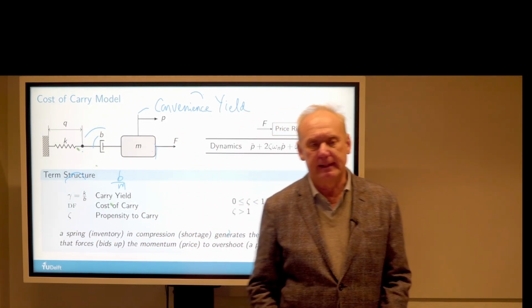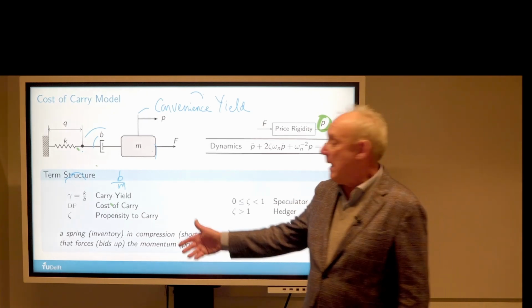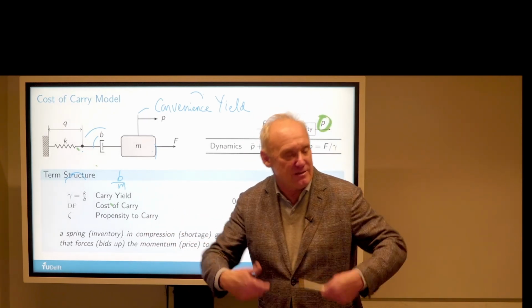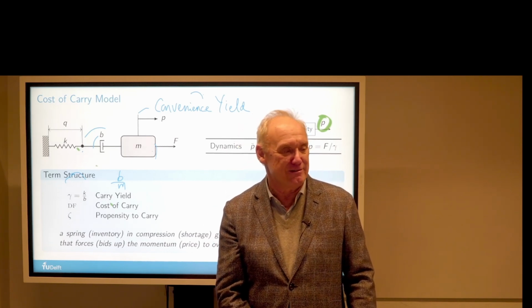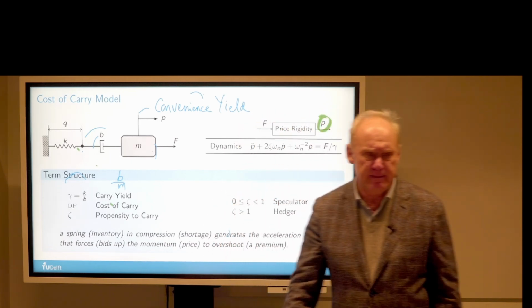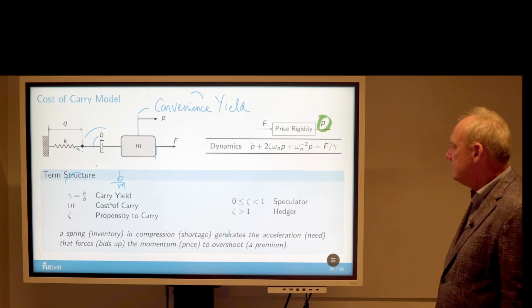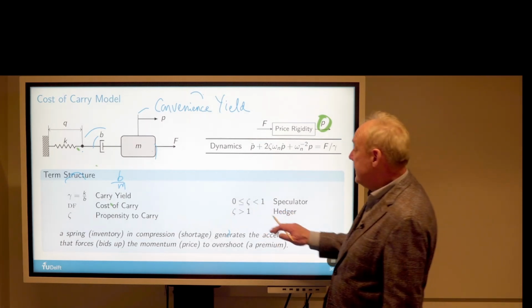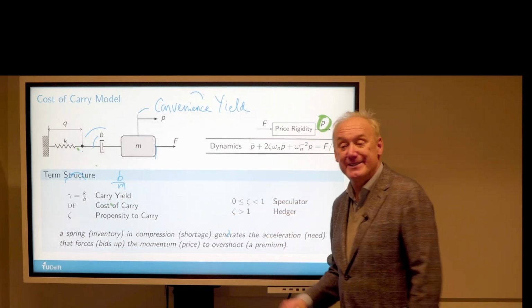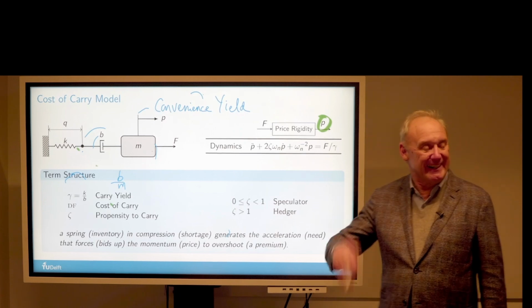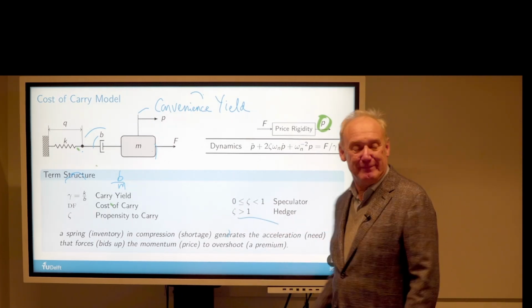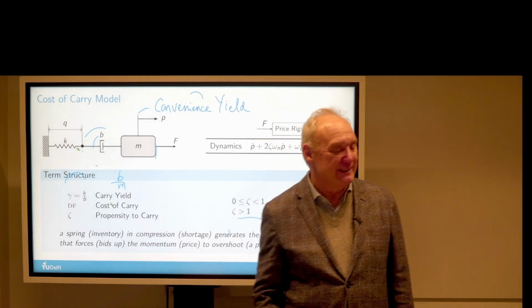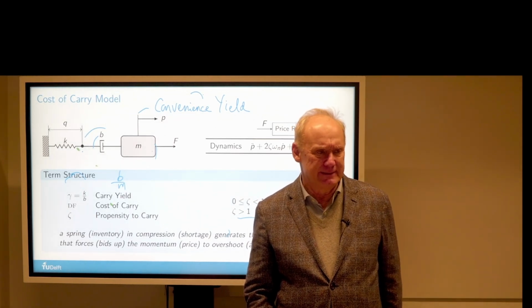So, what's your tendency to want to carry the thing to expiration, you know, to arbitrage the market, okay? And then the other guys, they are the speculators, right? Because they're buying and selling and doing the backwardation, and these can be thought of as the hedgers. They just go in and sit it out. All right.